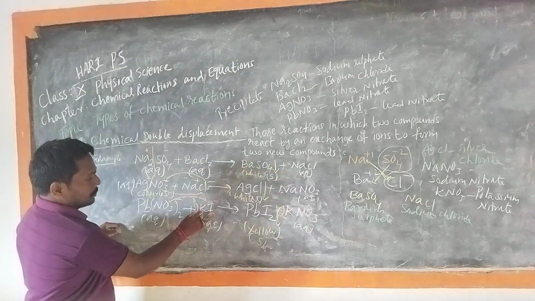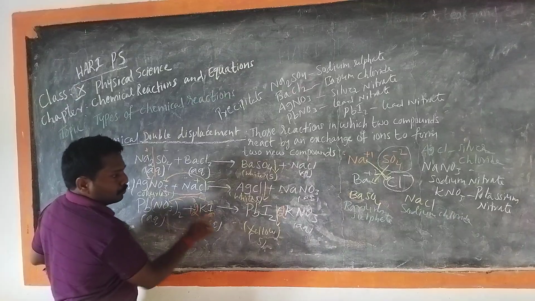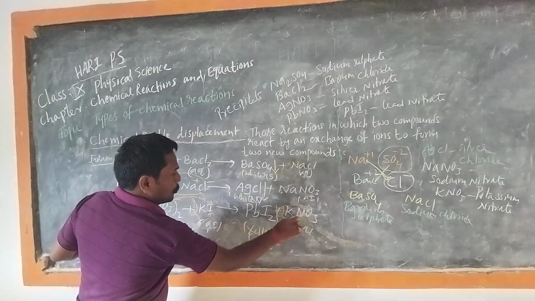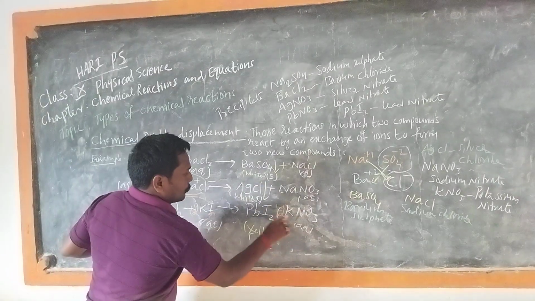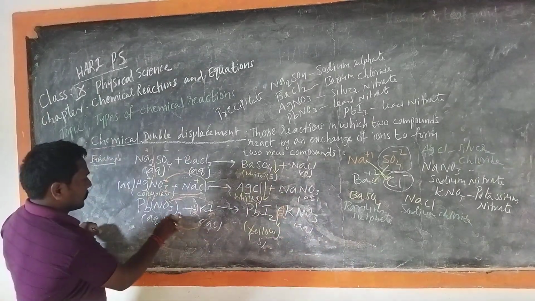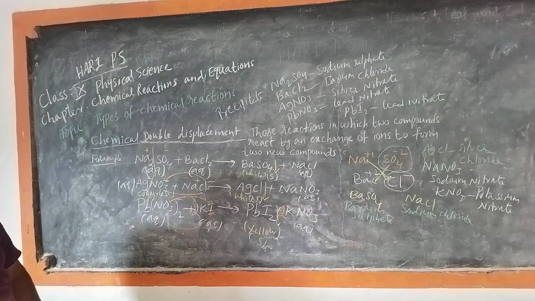Now potassium 2, iodine 2, nitrogens 2, and oxygens 6 on both sides. So the chemical equation is balanced.